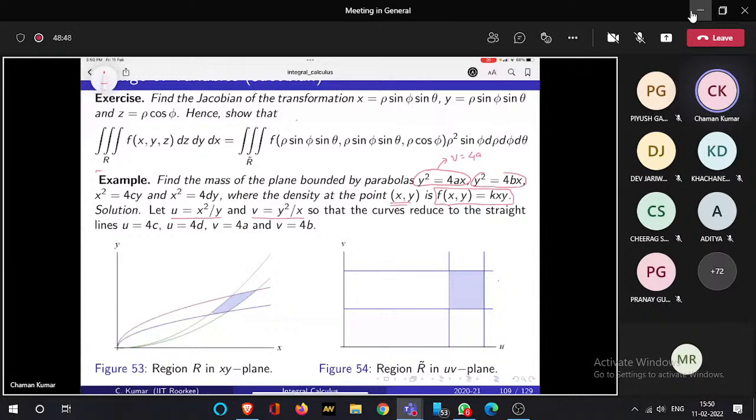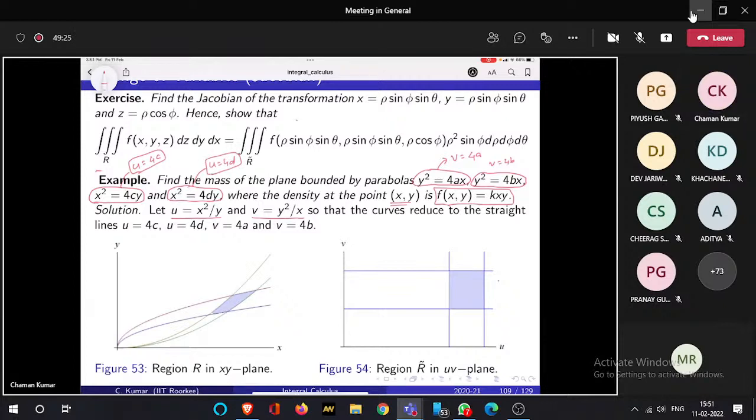The second parabola becomes v is equal to 4b, right? The third parabola is x squared is equal to 4cy. So you bring y to the left hand side, you have x squared over y, and x squared over y is u. So u is equal to 4c. And x squared is equal to 4dy, which means x squared over y is u, so you get u is equal to 4d.